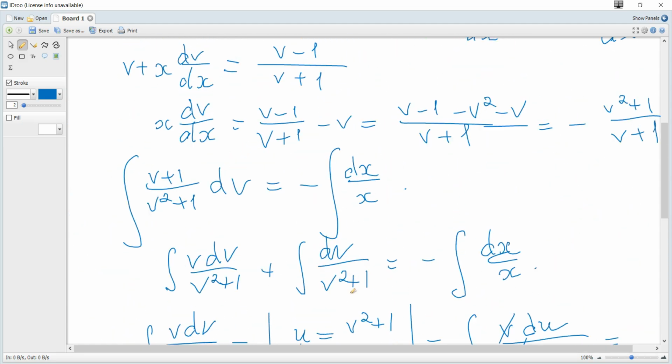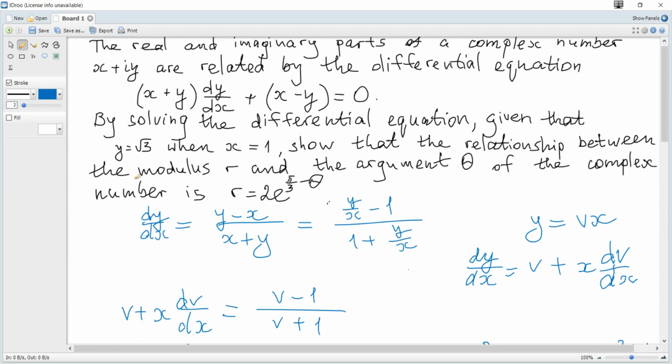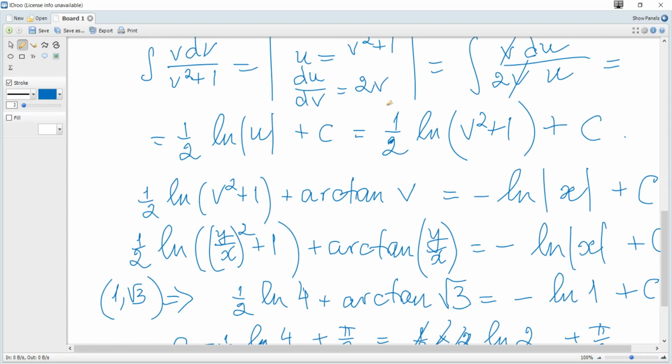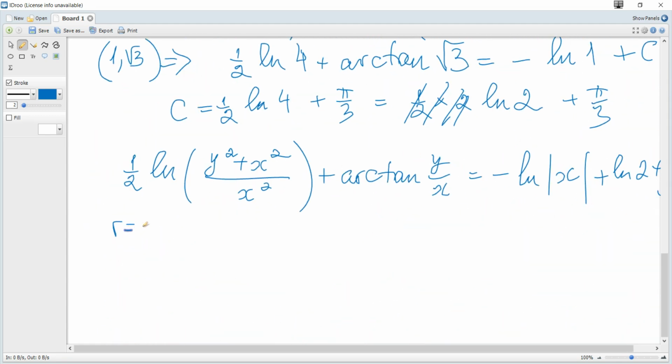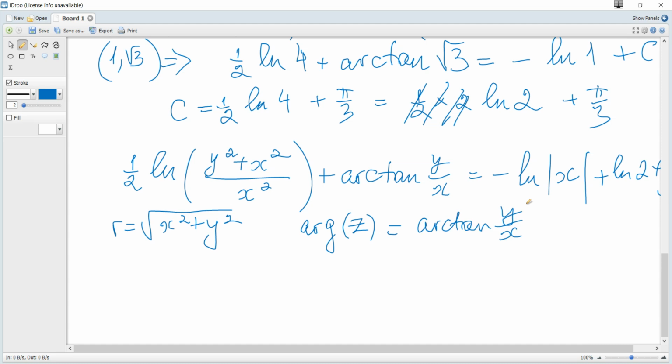We need the modulus and the argument to arise here. But what is the modulus? The modulus is the square root of x squared plus y squared, and the argument of a complex number is the arctangent of y over x.